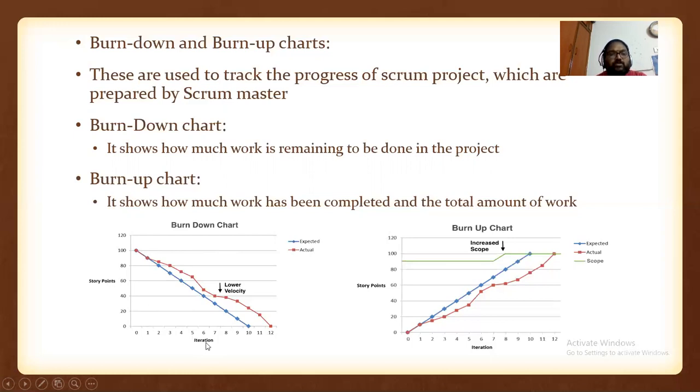How many user stories are taken per iteration here? So it took 12 sprint iterations, more time than expected. This is the total amount of work, but it took more time, it is saying that. Okay, so this is the way we can go for this.